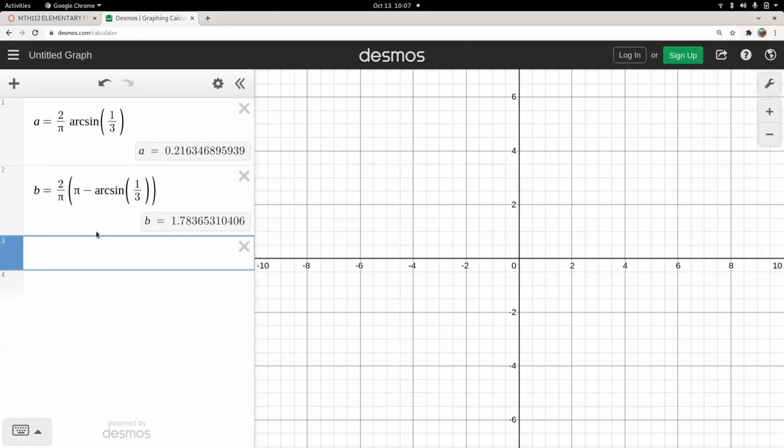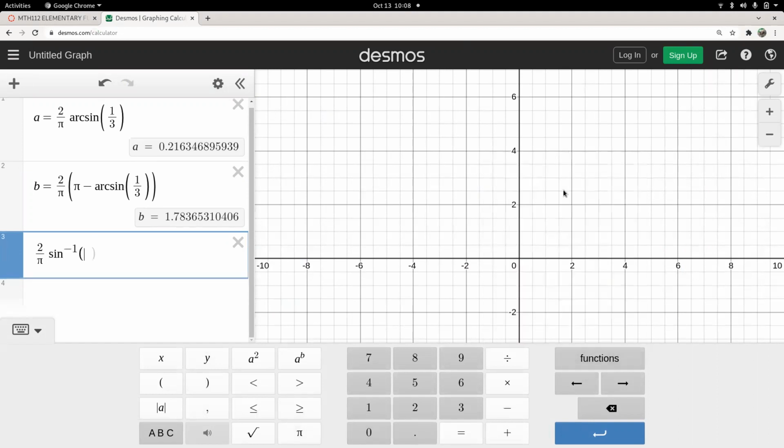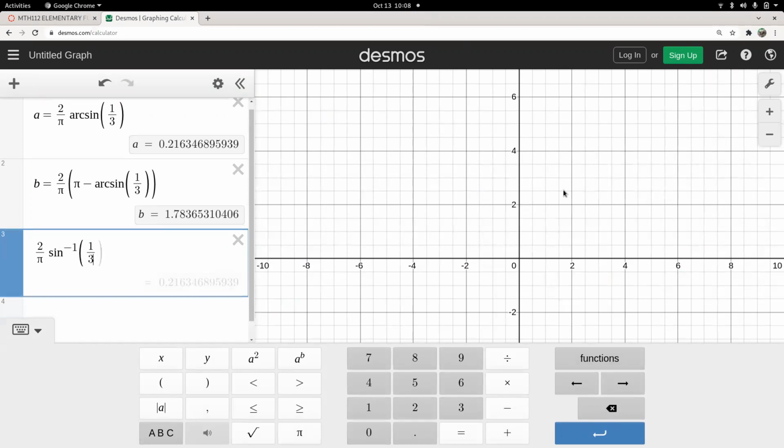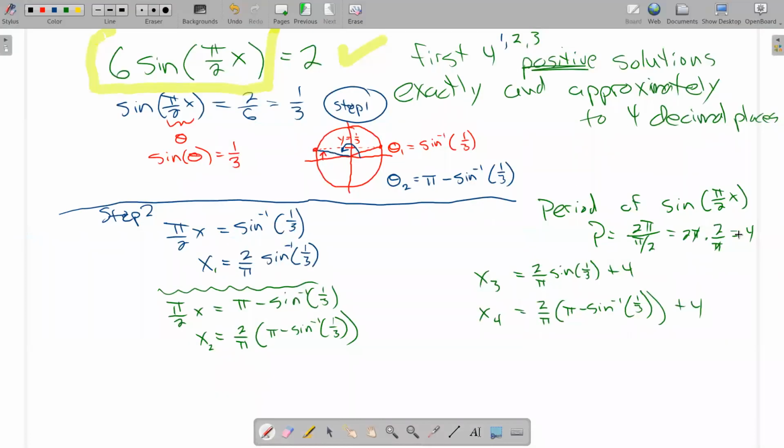Compare to answer A, if I do the 2 over pi, use the keyboard this time, there's pi, arrow over, and then times the inverse sine of 1/3, you'll see I get that same number I have above. So this calculator recognizes arc sine as equivalent to sine inverse, which it is. And then otherwise, to get other solutions, I just keep adding the period, and I calculated that the period here was 4.